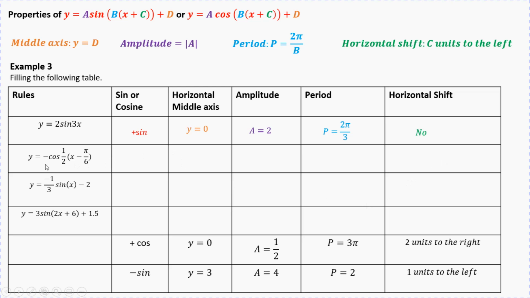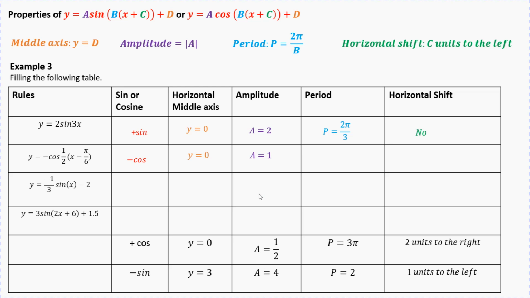Okay, the second one. Obviously there's a minus cosine. Middle axis, no letter D again, so it's y equals 0. Amplitude, this time, that's just a negative sign in front of cosine. That means the amplitude should be 1 rather than -1 because the amplitude must always be positive.